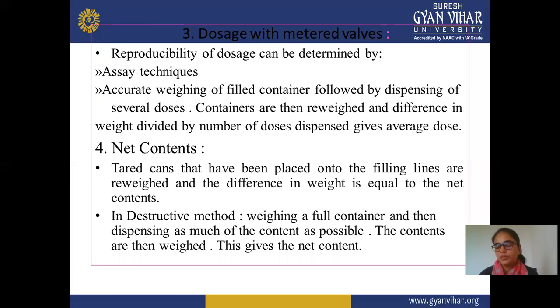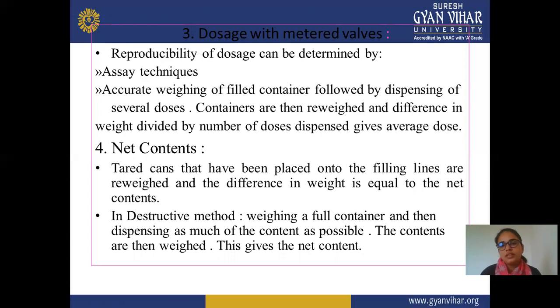Other excipients or propellant may also be present in the expelled material. So we are performing the assay to check how much concentration of the drug is present in that propellant, and with the help of these assay tests we confirm that this amount of drug is present in your aerosol.